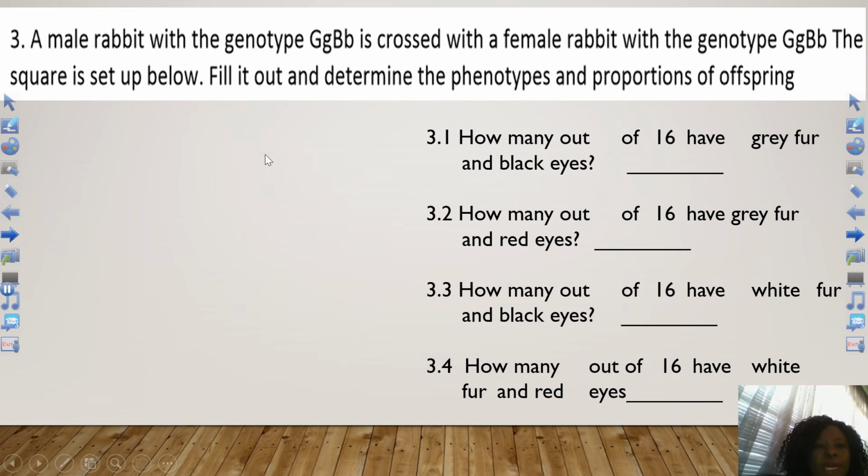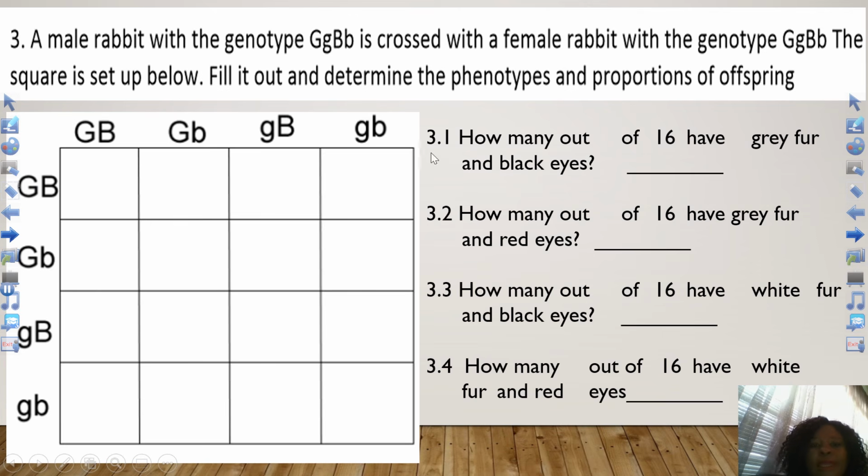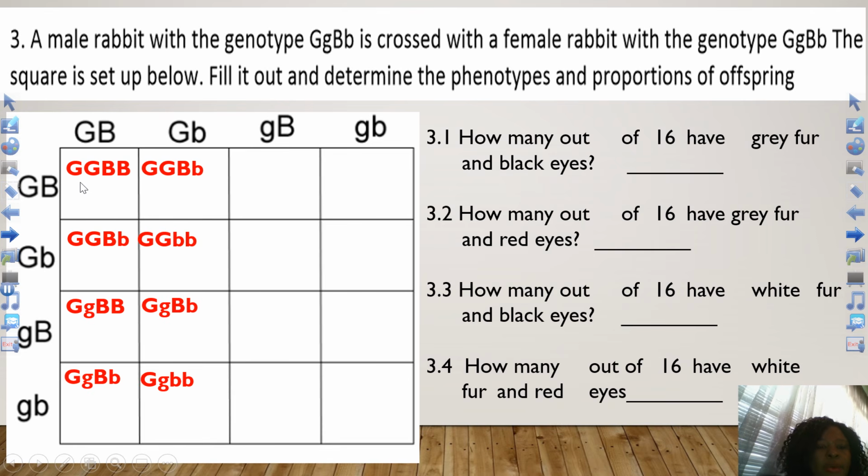There is your Punnett square, and it says fill it out to determine the phenotypes and the proportions of the offspring. So in the same way we fill out this Punnett square with the offspring's genotypes.